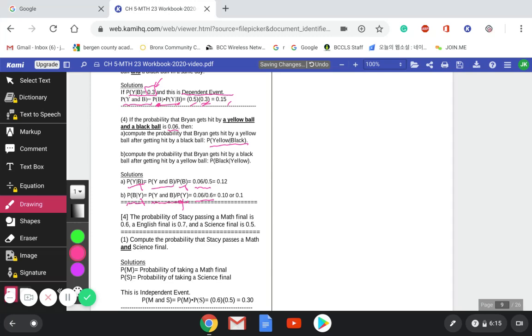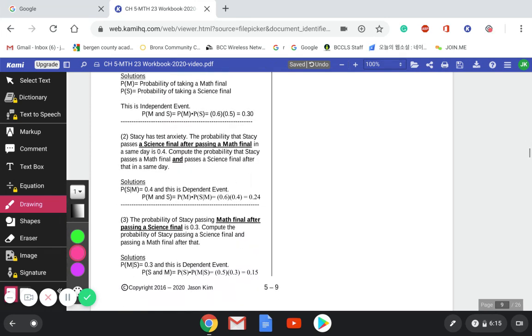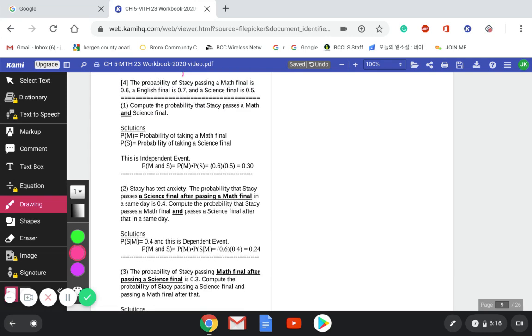Another example is, let's say that Stacy has test anxiety. Number 1, the probability of Stacy passing the math final is 0.6, the English final is 0.7, and the science final is 0.5.